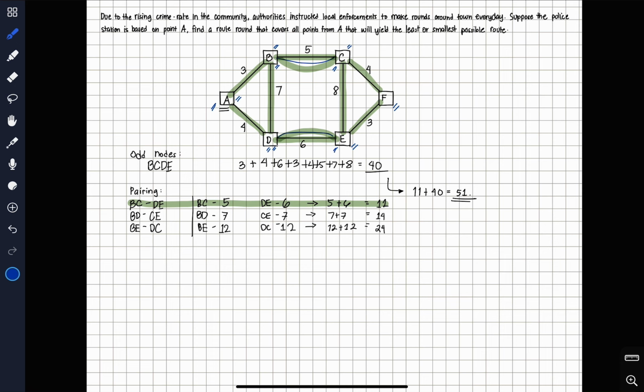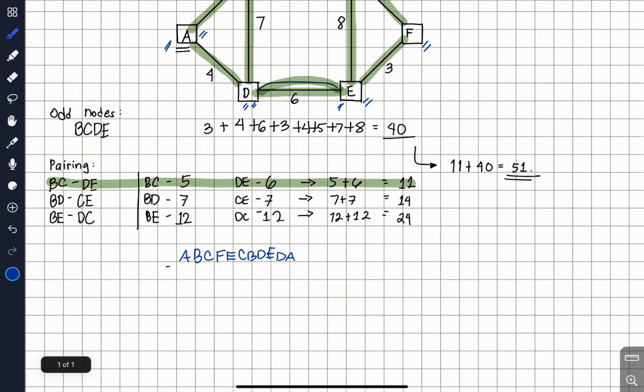So we can indicate that from the path A, we go to B, then C, F, E, C, B, D, E, D, then finally A.